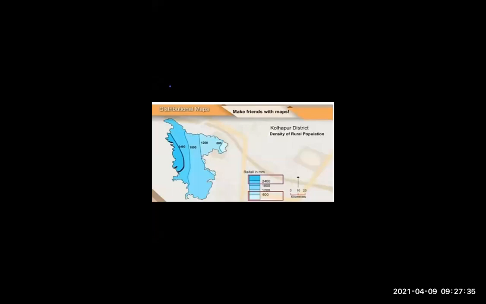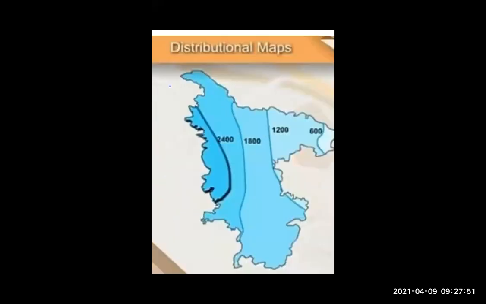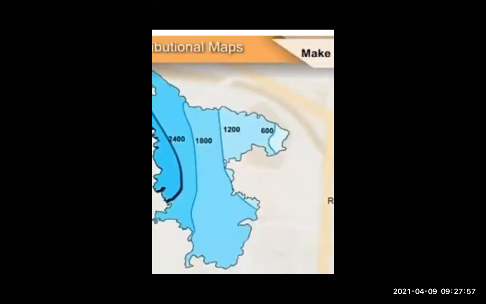So as I announced the answers, let me check. Just look at this. On a west direction, the rainfall is increasing, and on the east direction, the rainfall is decreasing.